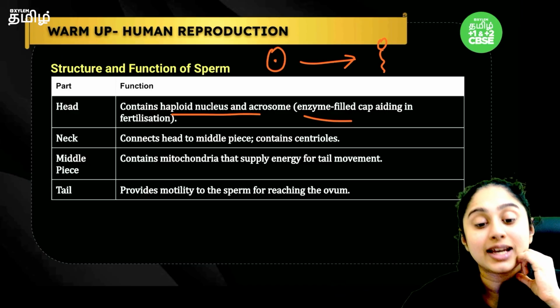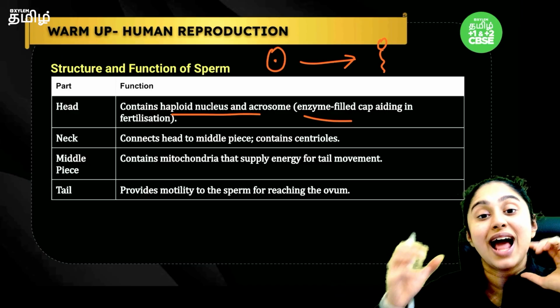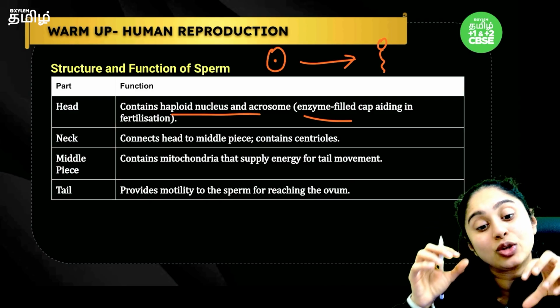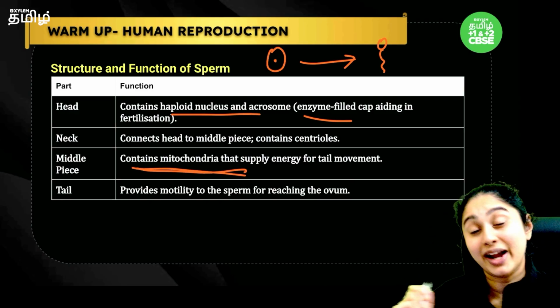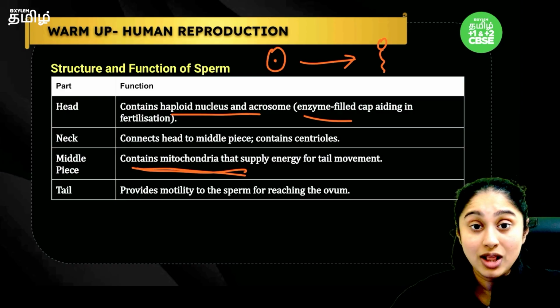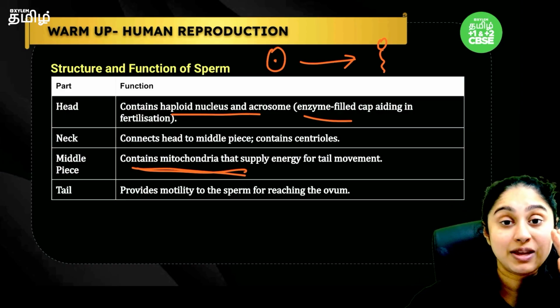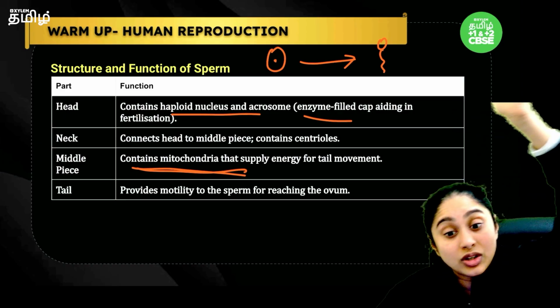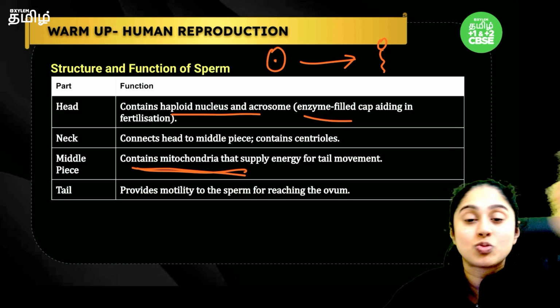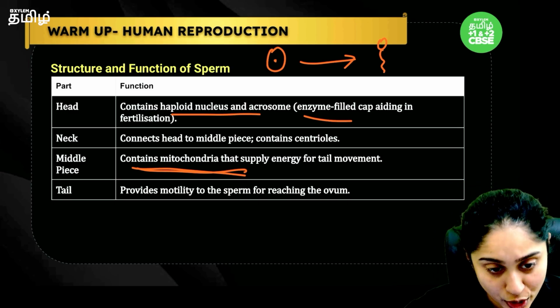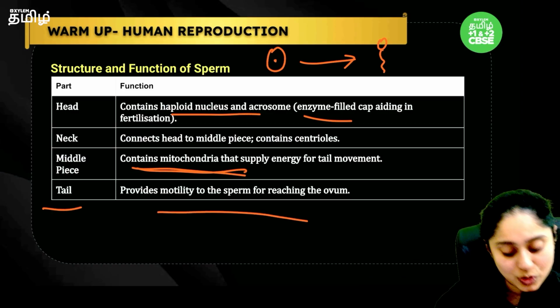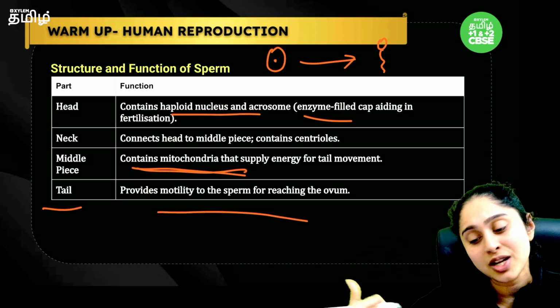Then there is a neck region, which has centrioles and connects to the middle piece. The middle piece is the main place where the mitochondria are present. All the way from the female's reproductive tract to the fallopian tube, if it has to swim, it needs a lot of energy, which these mitochondria produce. Then there is a tail which helps the sperm in swimming, in motility.